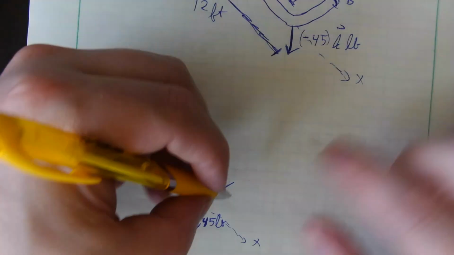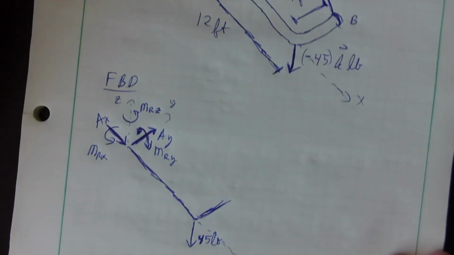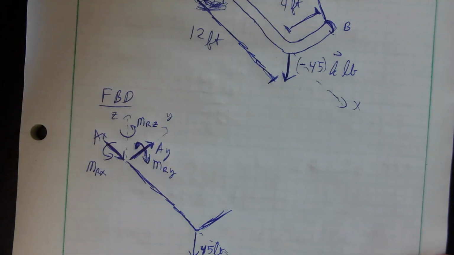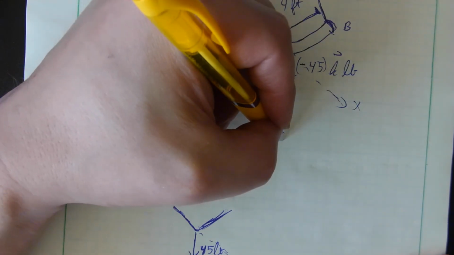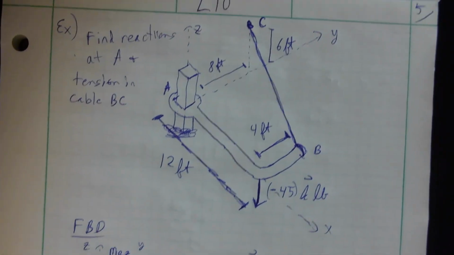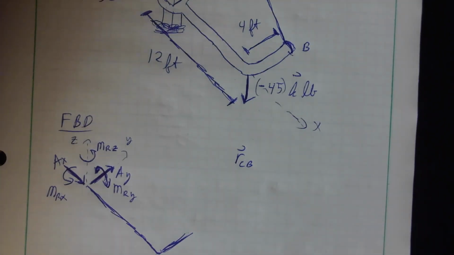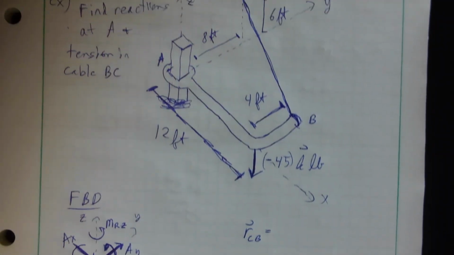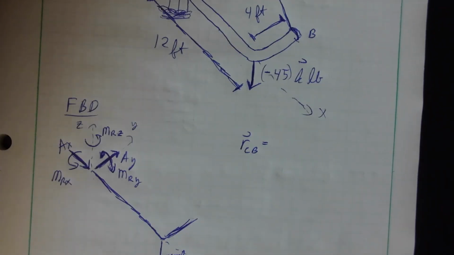And then I've got a force, a tension out here. But I've got to describe that position vector from C to B there. We've done that several times. I'm going to assume that you can do that.